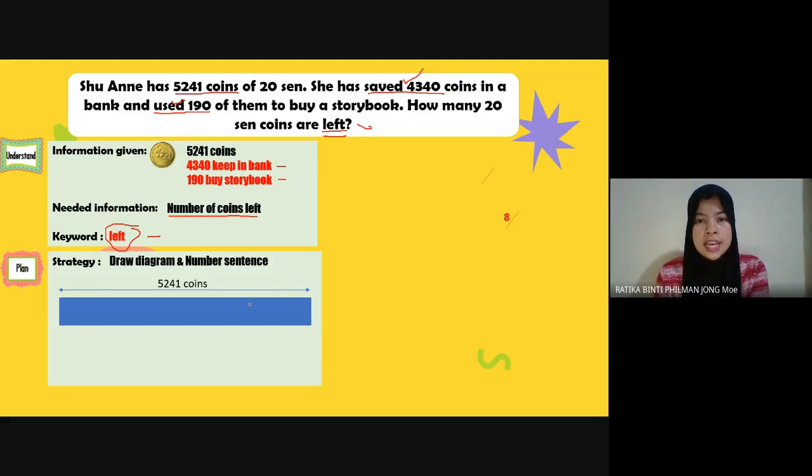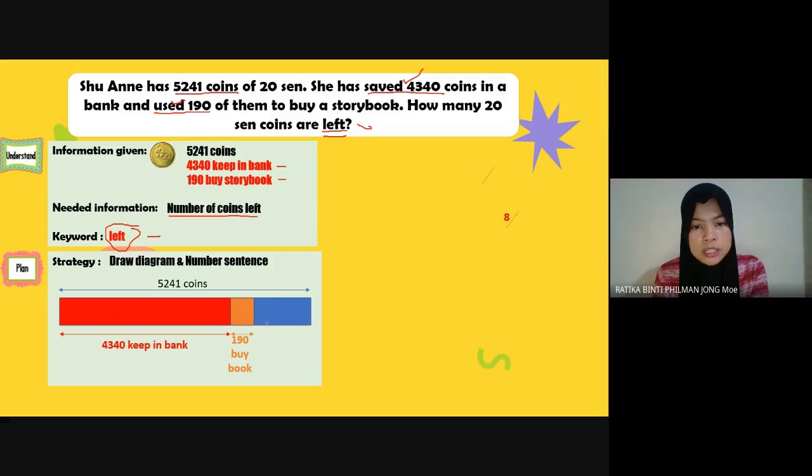Okay, then from this 5,241 coins, Shu An save this much. Banyak ini dia simpan dalam bank. She keep 4,340 dalam bank ini. So warna biru ni yang tinggalkan. But then, she used this much to buy storybook. 190 to buy storybook.